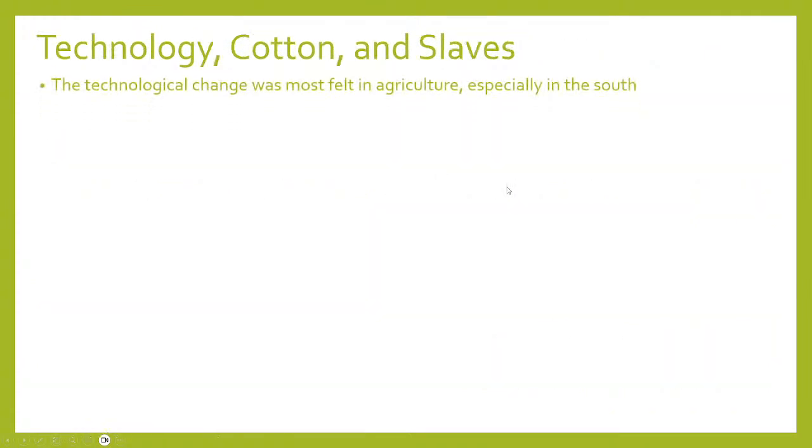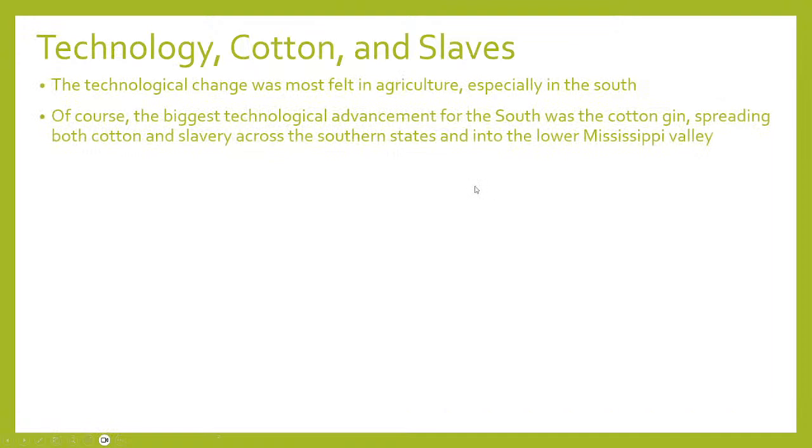All right. And needless to say, technology was greatly affecting agriculture, and in particular the South. And when it came to the South and technology and agriculture, it meant cotton. So the biggest change was the cotton gin, which spread cotton and slavery across the South, in particular into the lower Mississippi River Valley.